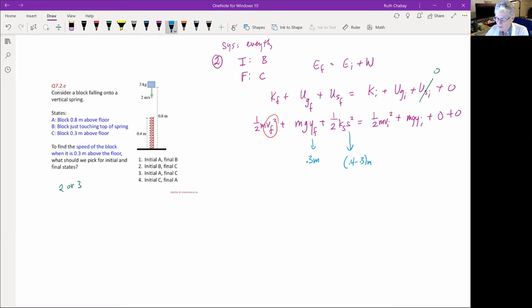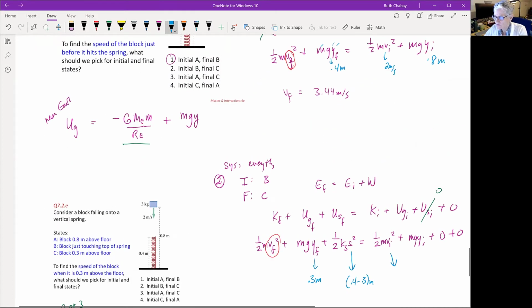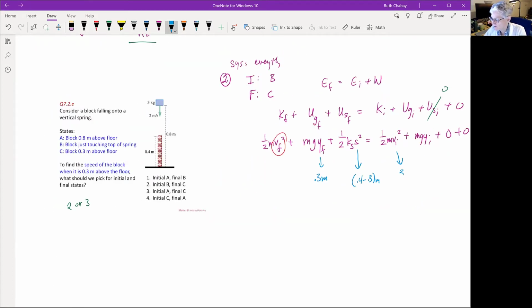What did we pick? We picked B, so the initial speed was whatever we got here, 3.44 meters per second. The initial y was 0.8 meters, and so we can solve for v final.